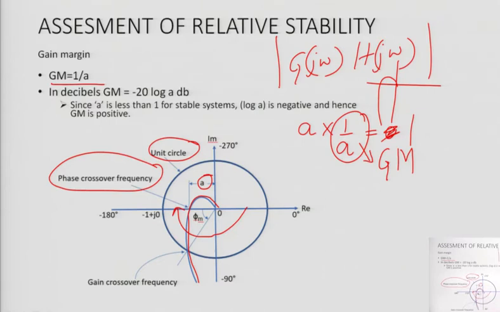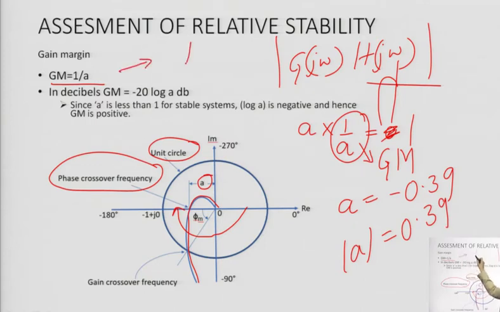For example, if we get the value of A as 0.39, the gain margin in that case will be 1/0.39. To obtain A, we find the frequency of G(jω)H(jω) at which the phase angle is minus 180 degrees, and then find the magnitude A by substituting that value of frequency.